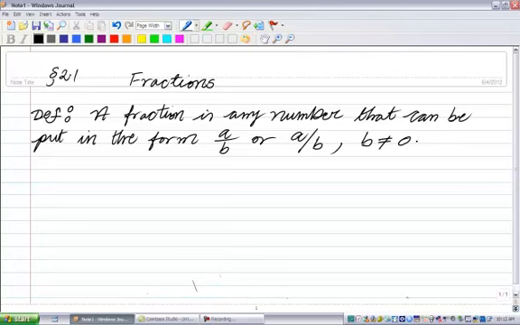So a fraction is any number that can be written as the ratio of two whole numbers, where A and B are two whole numbers.